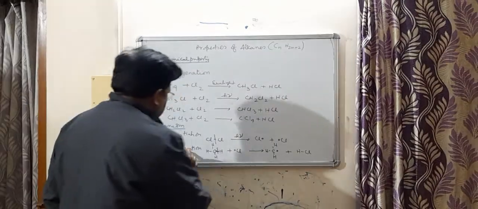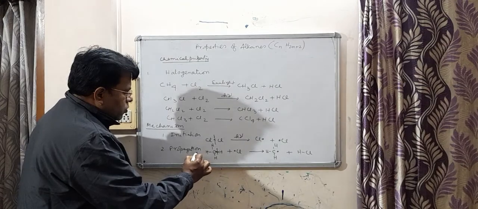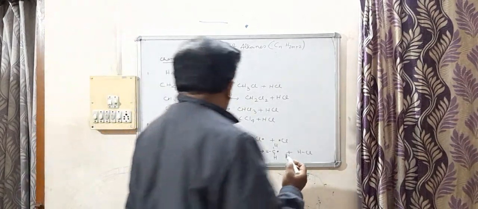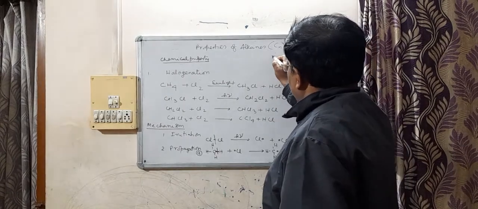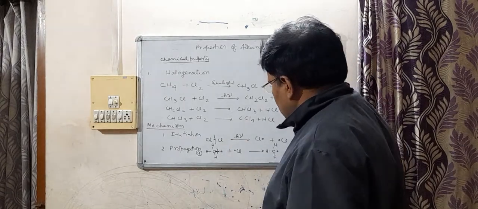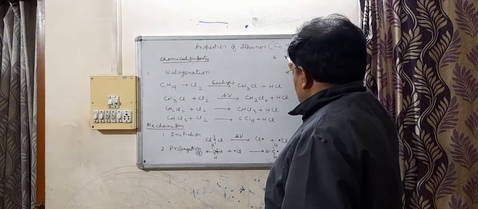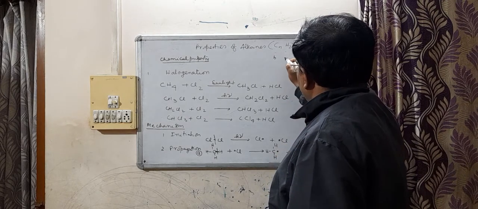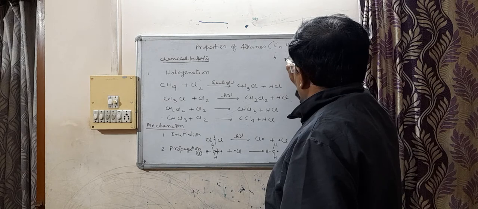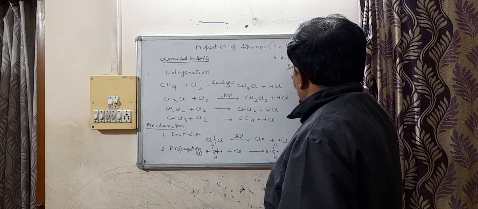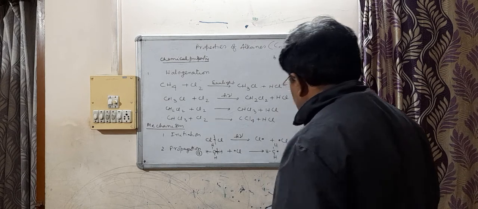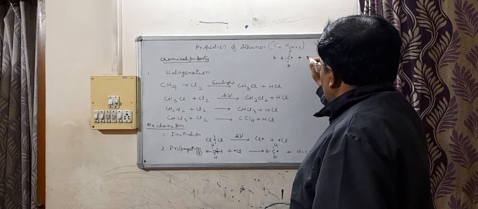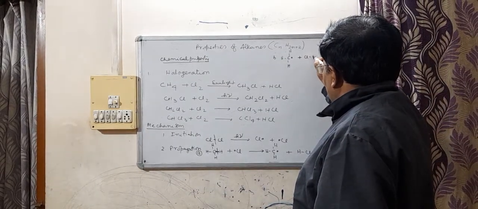In propagation, there are actually two steps. So this is A, and in the B step under propagation, this CH3 dot reacts with another molecule of chlorine.